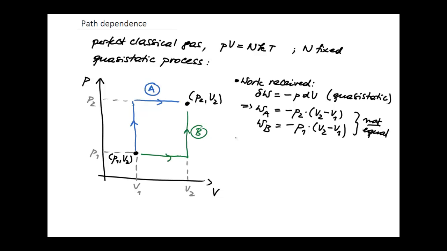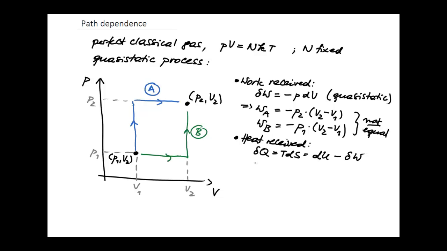Likewise, we can look at the heat received. Now, the infinitesimal expression for that is TdS, but which we can also write as dU, the change of internal energy, minus the infinitesimal work.